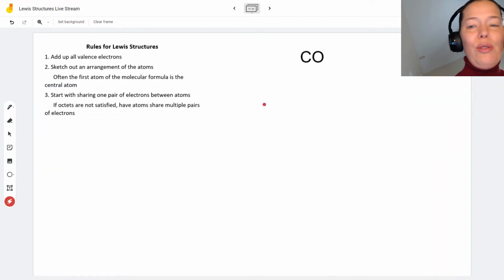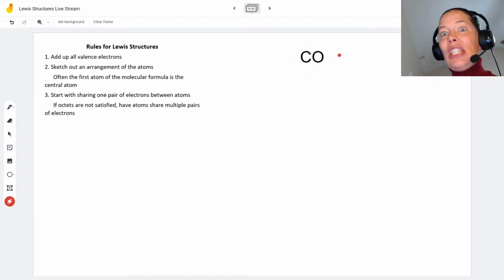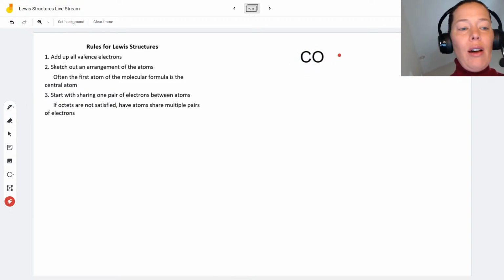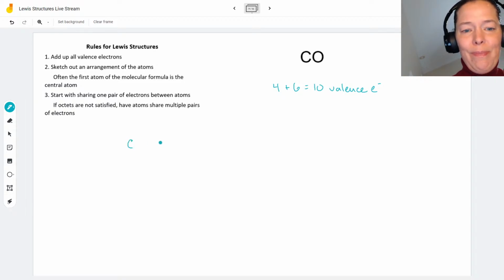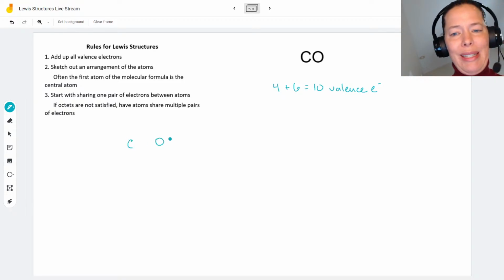Let's go on to carbon monoxide, or CO. All right, let's add up our valence electrons. Carbon gives me 4, oxygen gives me 6, so I have 10 valence electrons to work with. Again, the nice thing is we don't have a central atom, so I just have carbon bonded to oxygen.